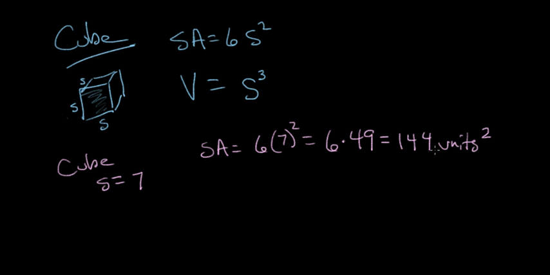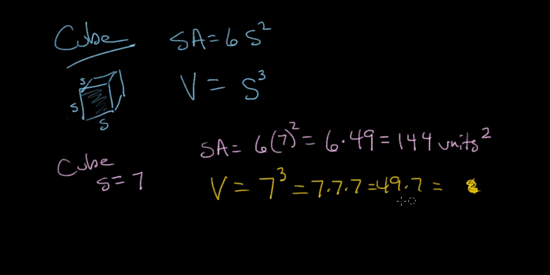I know a lot of you guys are real lazy about putting the units or units squared or units cubed. And remember, if this is not correct, you lose a half point on a quiz or a test. Okay, and then finally, let's look at the volume. The volume is 7 cubed equals 7 times 7 times 7 equals 49 times 7 equals, oops, sorry, my bad.